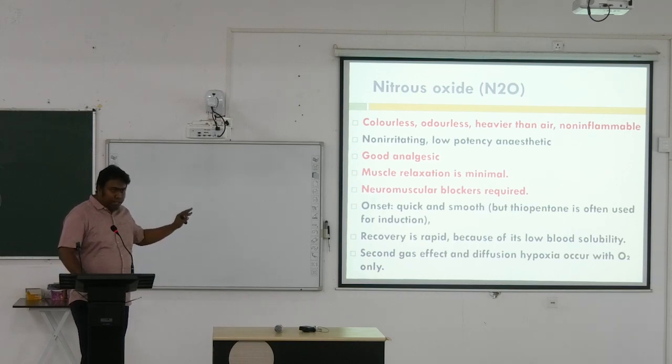Onset is quick and smooth. Recovery is quick and smooth. Among all these four parameters, there is no amnesia, no muscle relaxation, no loss of reflex. The only important effect with nitrous oxide is that it is a very good analgesic.